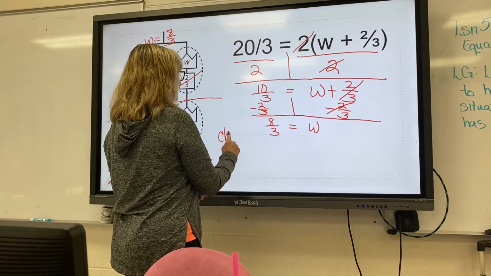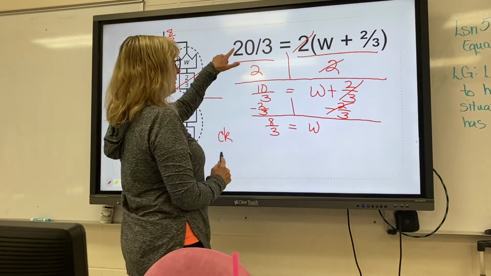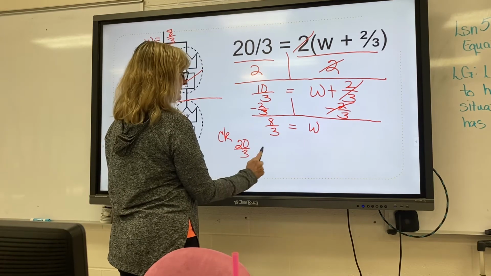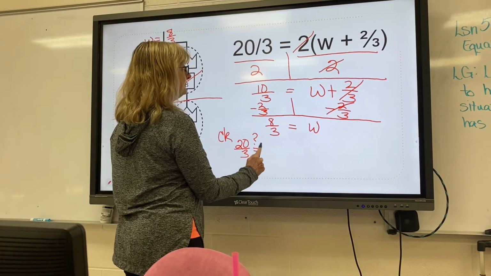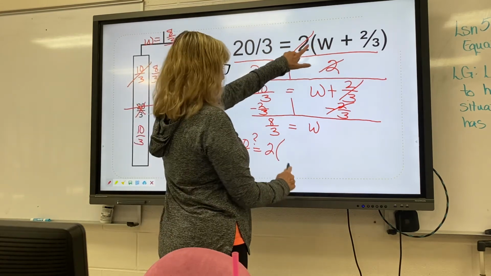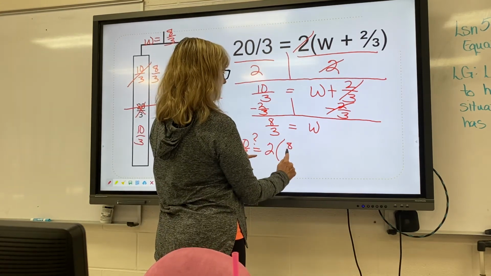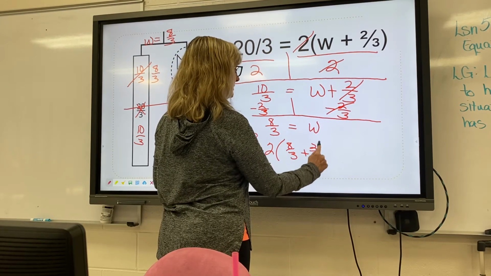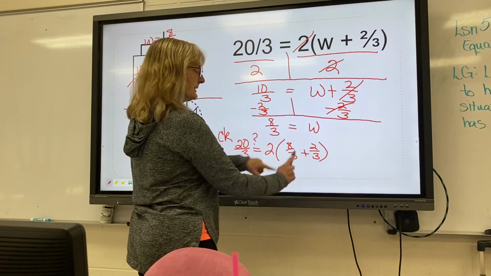Remember, our last step is always to check it. So we're going back to the original equation. 20 thirds, does that equal 2 times this group, which is going to be 8 thirds plus 2/3? Okay, so we're going to work on this side.